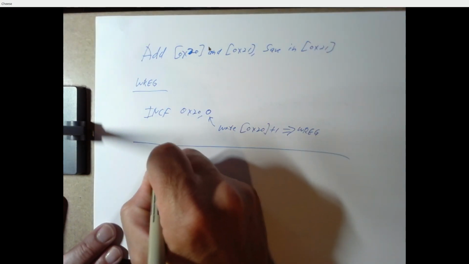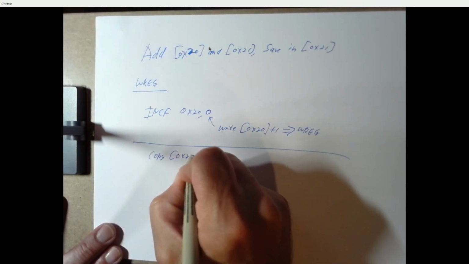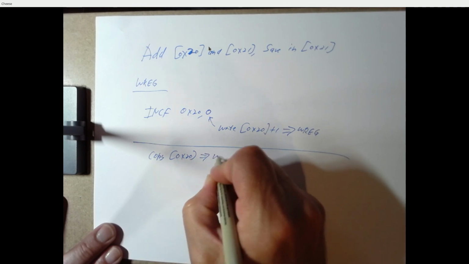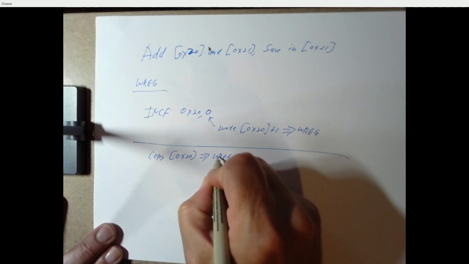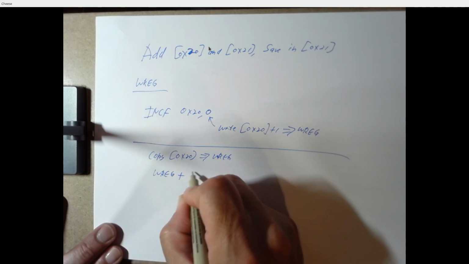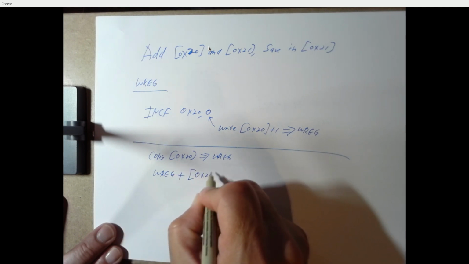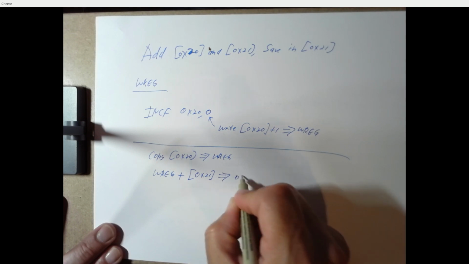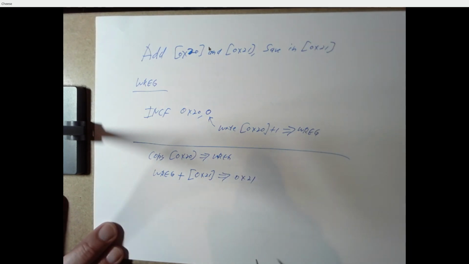Let's copy the contents of 20 to the W register, and then let's take the W register plus the contents of memory location 21 and write that to memory location 21. This will take 20 and 21, add them together, and store it in 21.